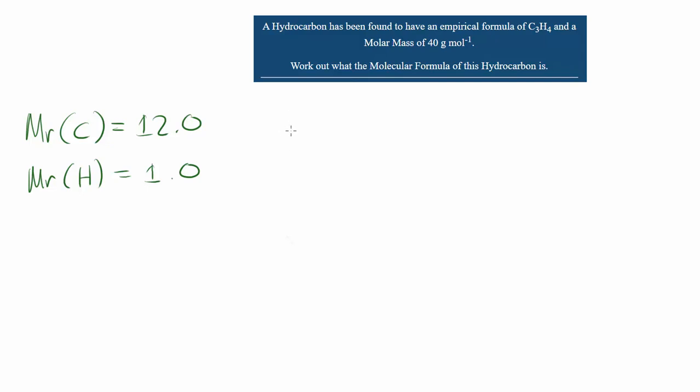So for carbon, that's going to be 12 multiplied by the coefficient of 3, so 12 times 3, and we add that to the corresponding value for hydrogen. In hydrogen's case, we've got 1.0, so 1 multiplied by 4, right? And so that's going to give us our molar mass. So if you have a go, work that out and see what outcome you get.